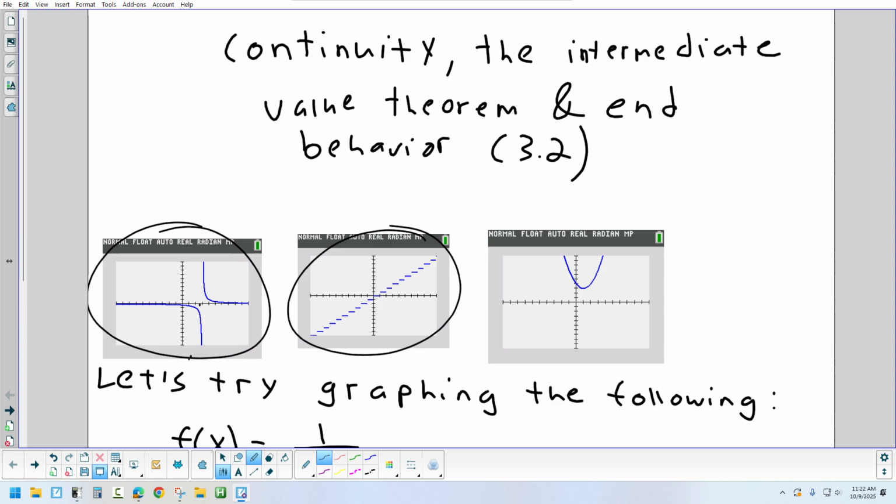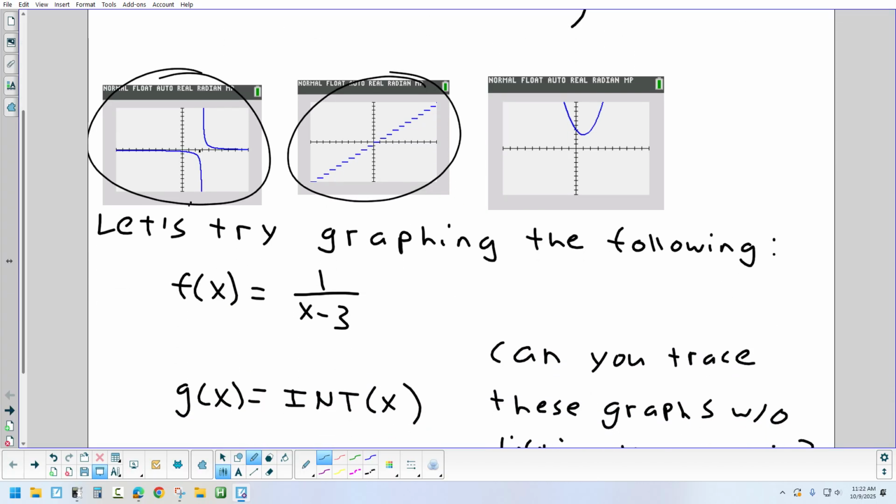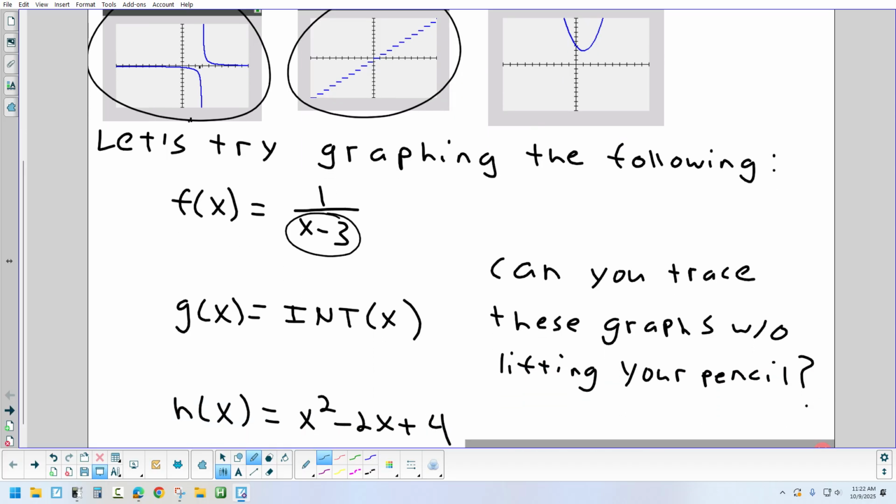This graph has infinite discontinuities, because it jumps. In this graph, the reason we have a discontinuity is because there's a number that could cause you to divide by 0. In the integer function, that's not the reason why there's a discontinuity. The domain here, well, what kind of numbers can you plug in and then round down?